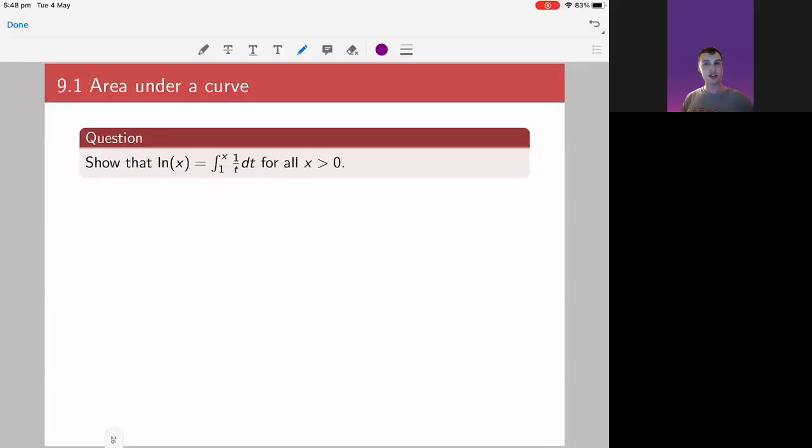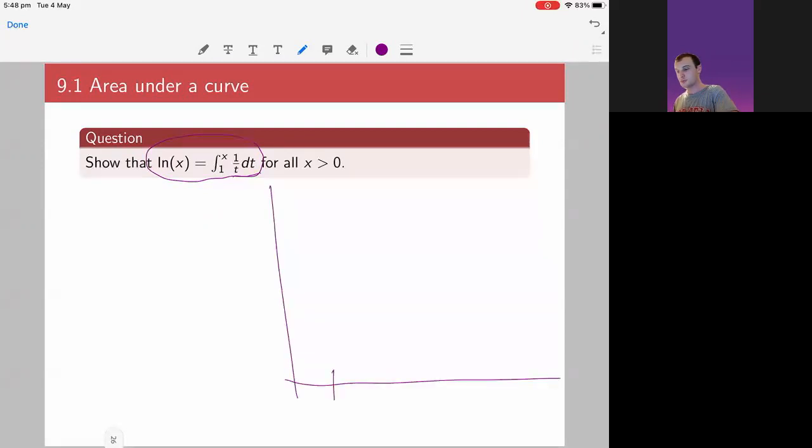Let's have a look at the function ln of x. We originally defined the logarithm to be the inverse of the exponential function, but it turns out that there is another pretty fun way of defining it. You can define the natural logarithm as the area under the curve of the function 1 on t for t between 1 and x.